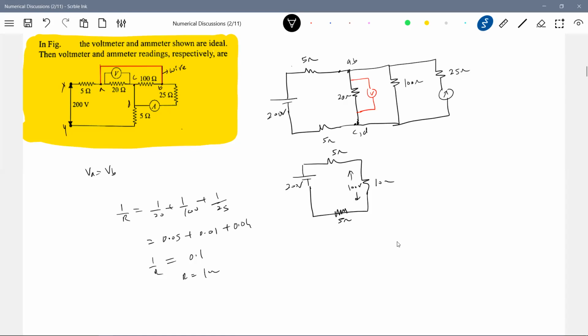So the reading of the voltmeter will be 100 volt. What about the reading of the ammeter? We know the drop is 100 volt, so we can calculate the current: I equals 100 by 25, which is 4 ampere.